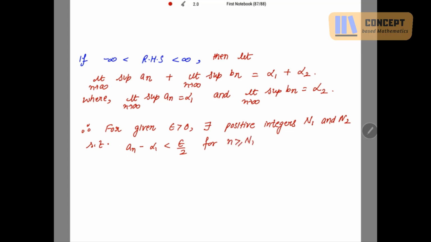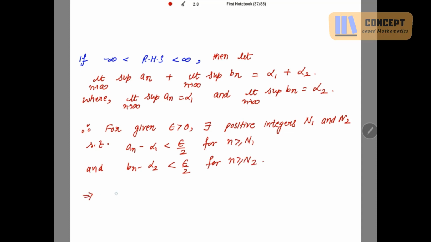The definition is used for this part. And also for the other one, bn minus alpha 2 is strictly less than epsilon by 2 for n greater than or equal to n2.